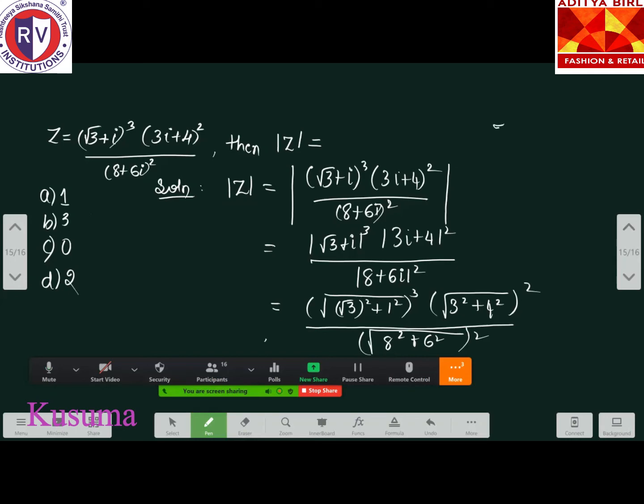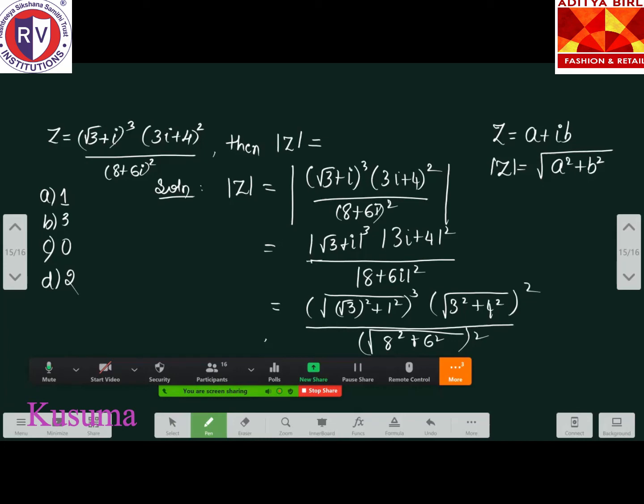Okay. You know, if z is equal to a plus ib, what is mod z? Mod z will be root of a square plus b square. Okay. So, when the mod is for everything, we can apply mod to its factors.